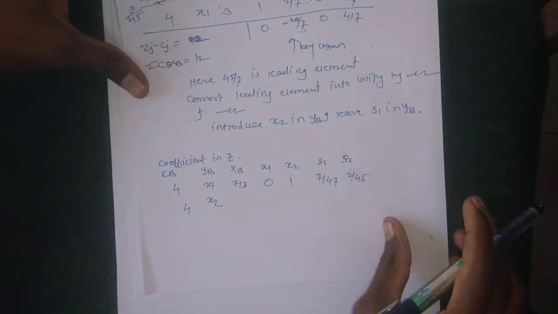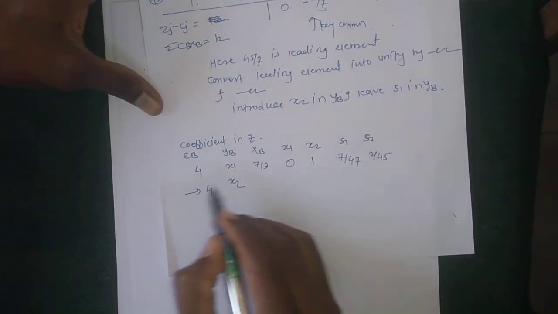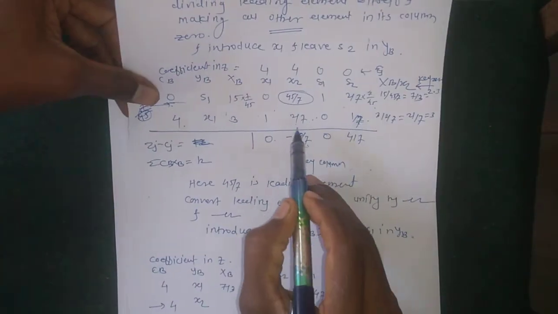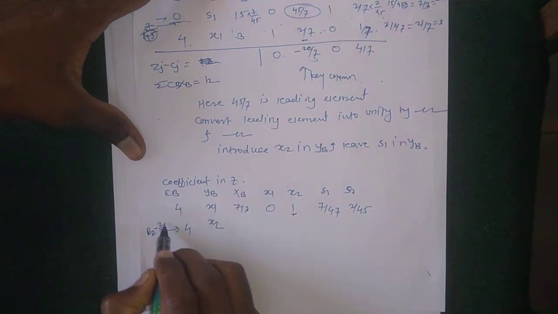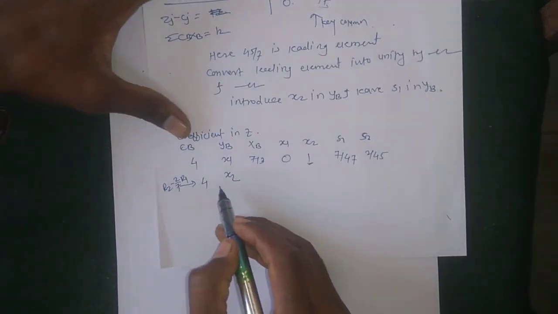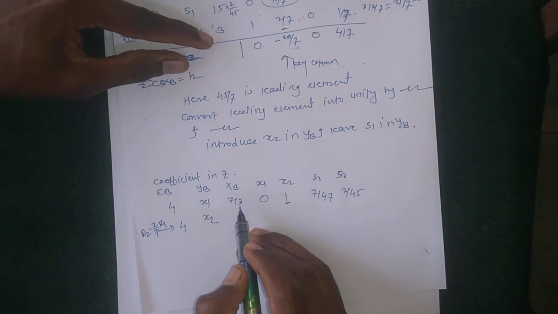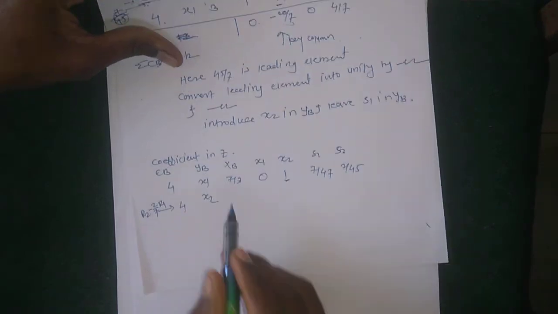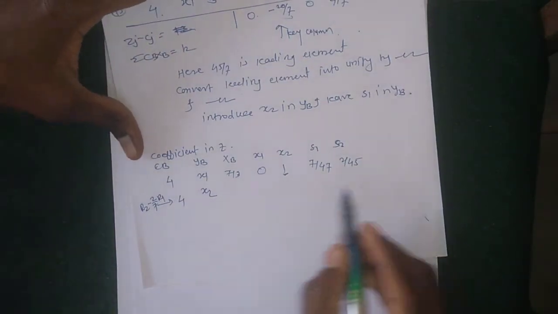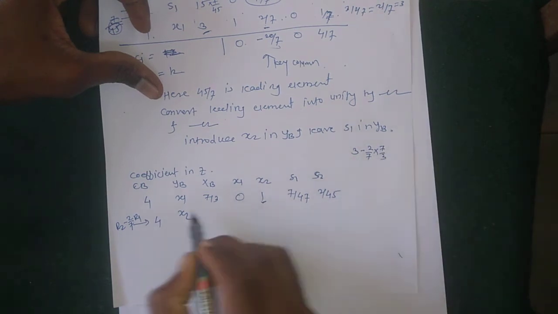Okay, and making all other elements into 0. So here operation is, this is 2 by 7 and this is 1. So therefore operation is R2 minus 2 by 7 R1. So therefore 3 minus 2 by 7 into R1 is 7 by 3.